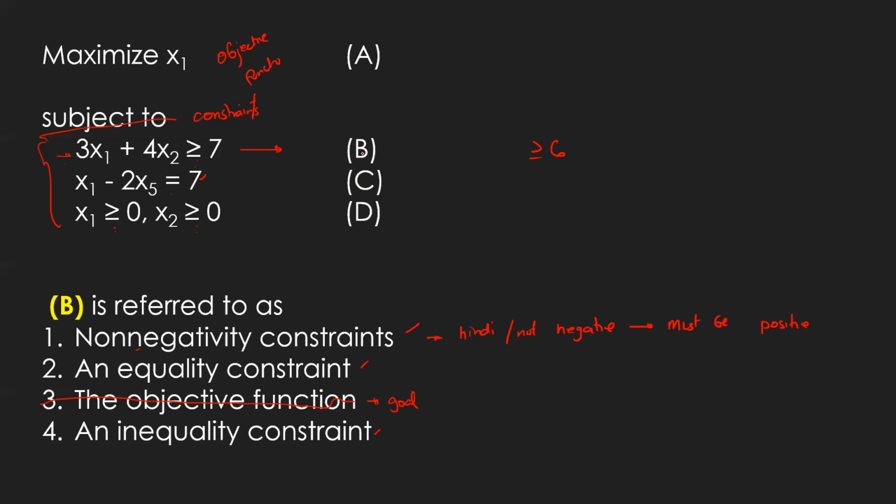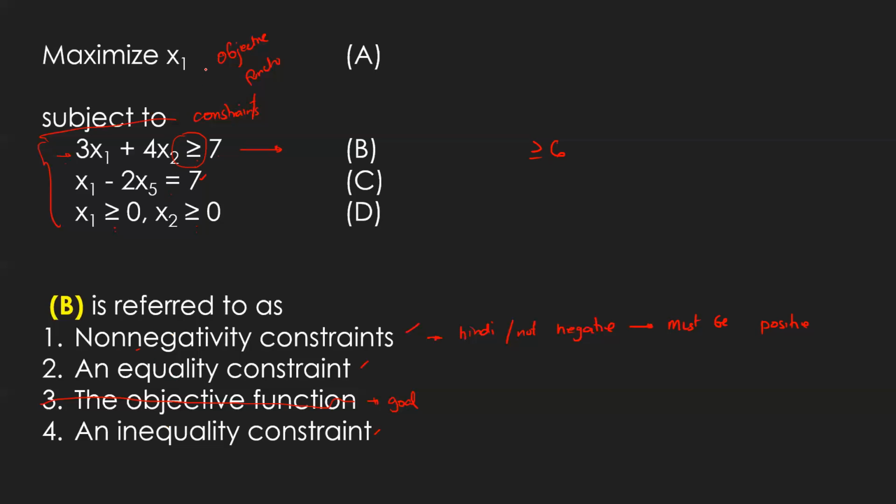Bakit mo nasabi na negativity constraint siya? Dahil wala hindi? That's not a reason? Okay, so once again, you look for the sign. Kasi 4 lang naman yan, di ba?